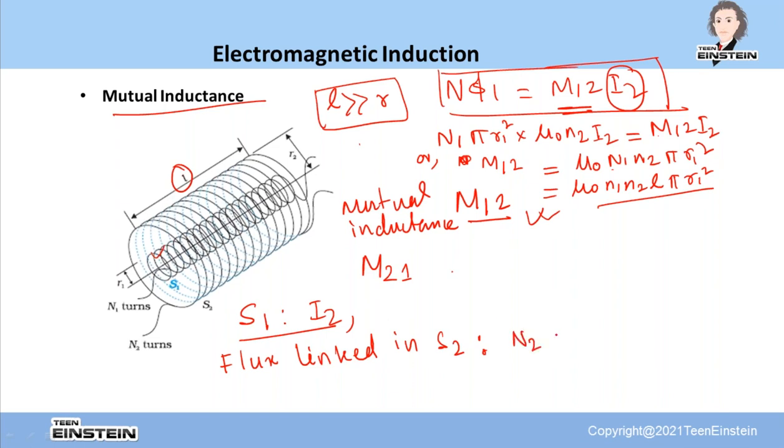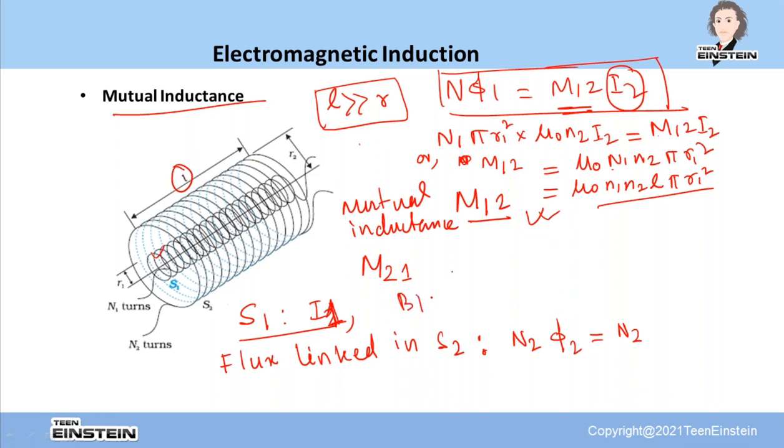So if I write, this is N2 phi 2. So this must be N2 into phi 2. Sorry, this is I1. I have passed the current I1 through the solenoid S1.